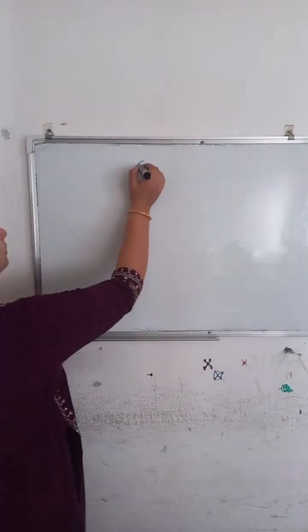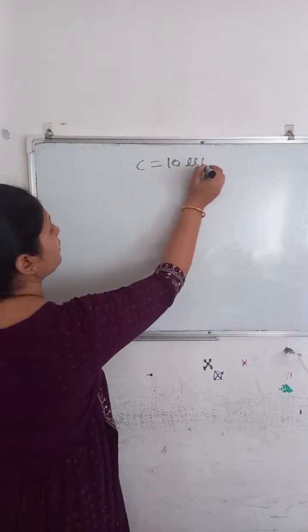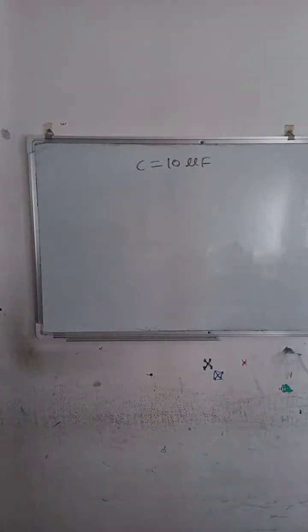C is given here 10 microfarad, and when a dielectric plate is introduced in between the plates, the potential becomes 1/4 of its original value.